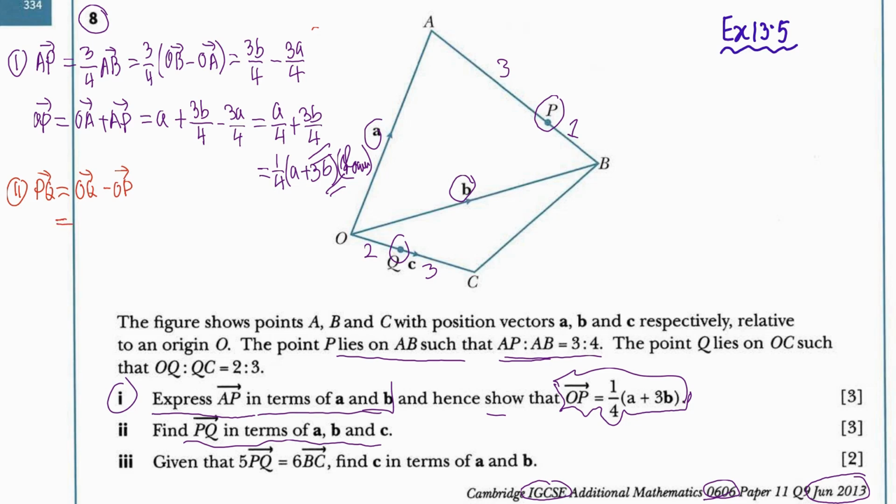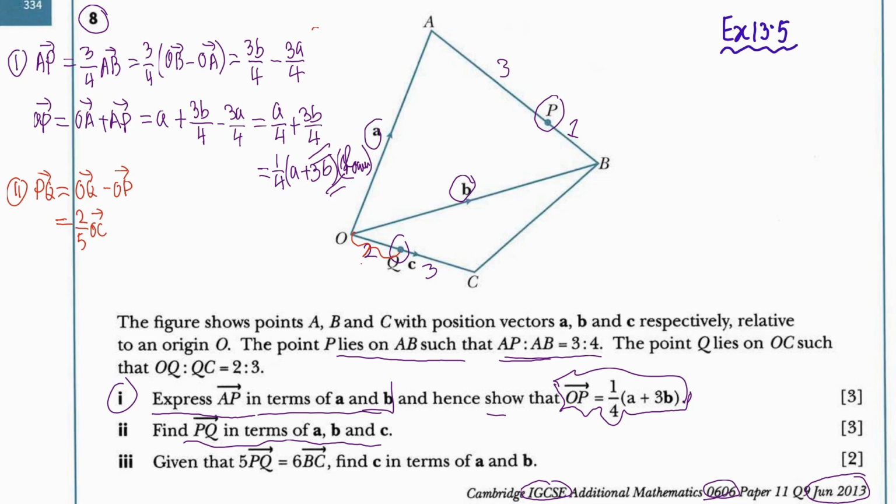OQ is not directly given, but it is the portion of OC, which is 2/5 of OC, because OC is given as c. So for OQ we can write 2/5 of the OC vector. This is the easier way.